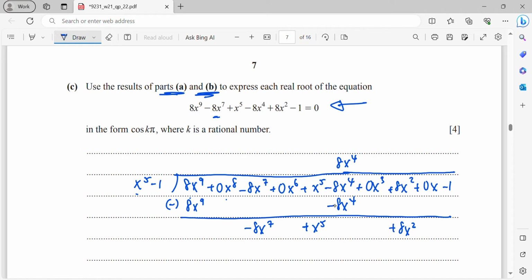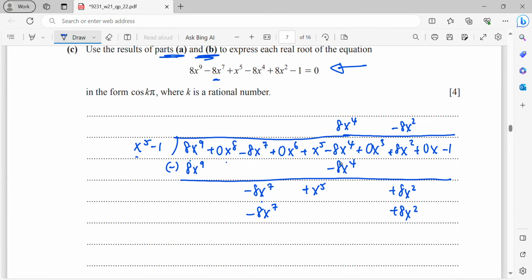Now, in order to get negative 8x degree 7 from x degree 5, you need to multiply x degree 5 by negative 8x squared. Then you will be getting negative 8x degree 7, then plus 8x squared. Then again I subtract.